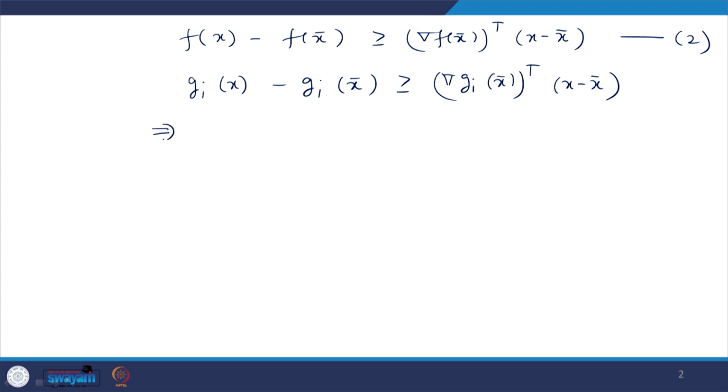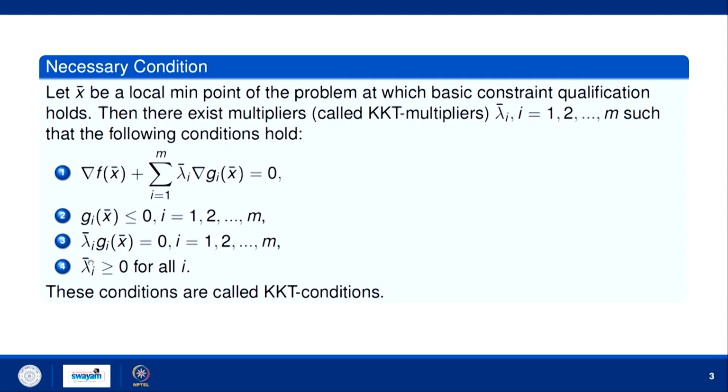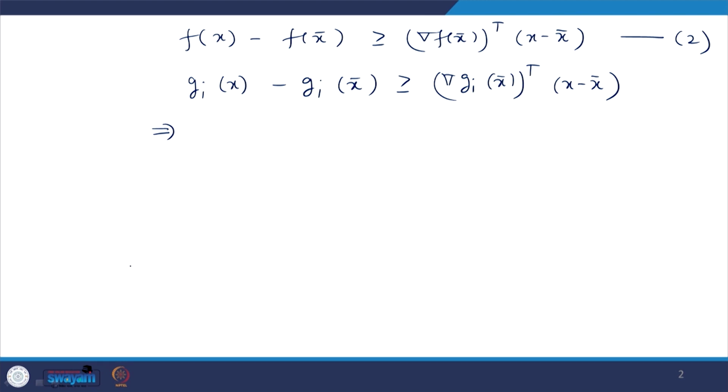And this inequality further implies, since lambda_i bar is greater than or equal to 0 for all i, we can multiply this by lambda_i and sum up all the constraints.